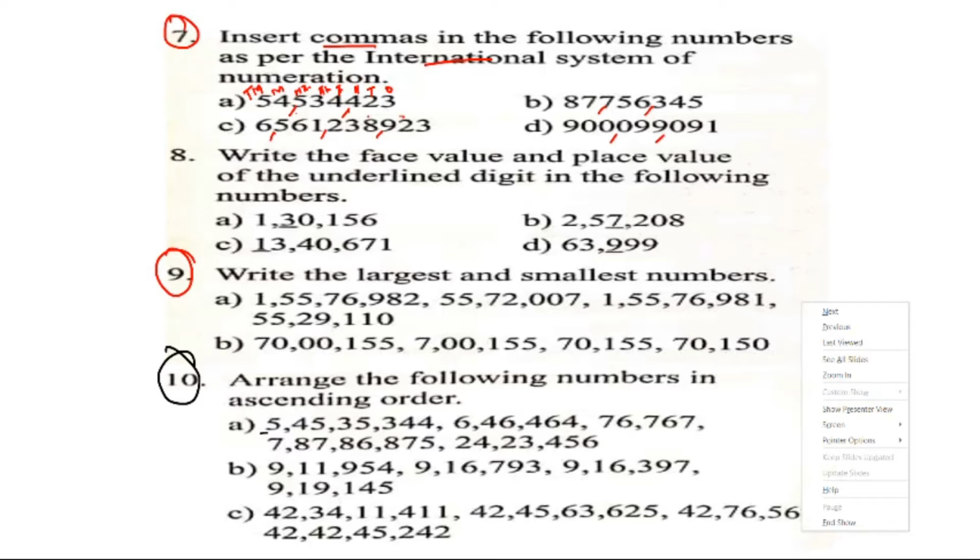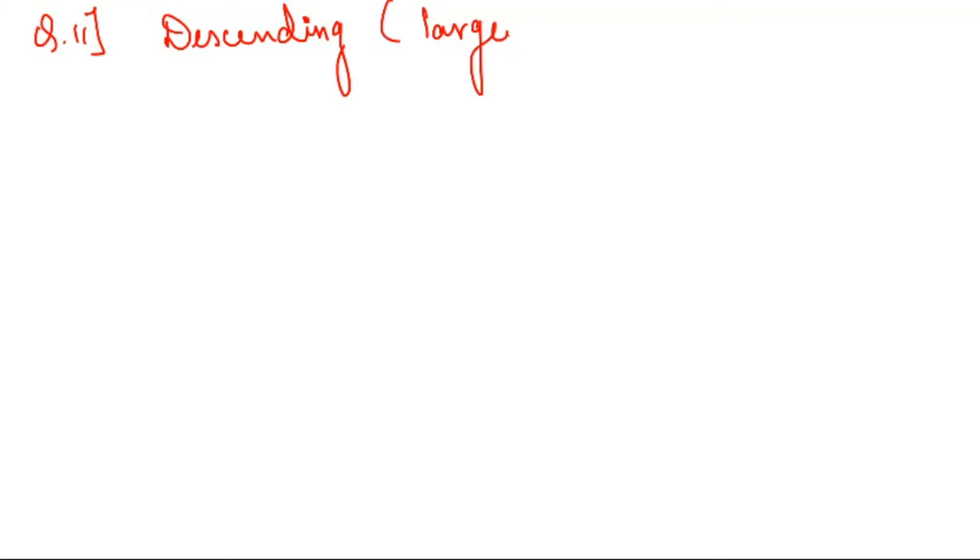Question number 11 is your descending order, from largest number to smallest, big to small. First the number is given 15,62,387, same as ascending order. जैसे हमने ascending order solve करा हम वैसे ही descending order भी solve करेंगे.